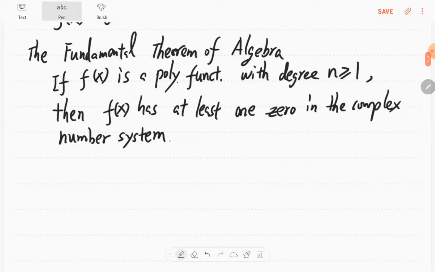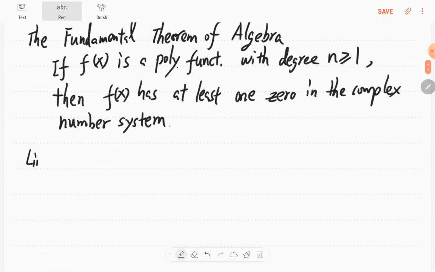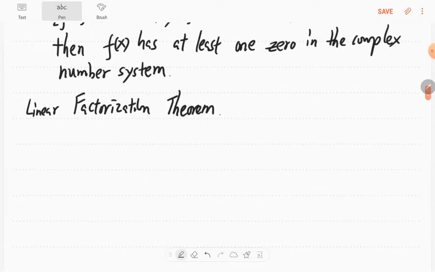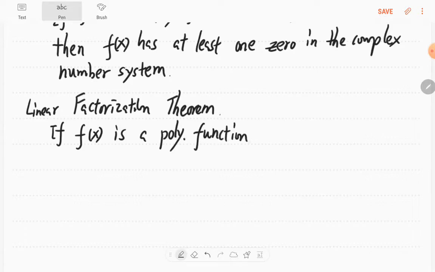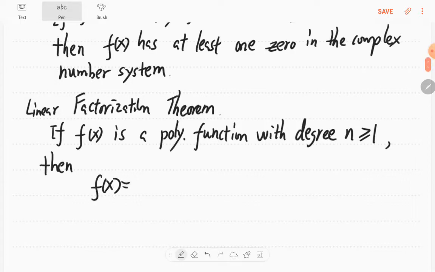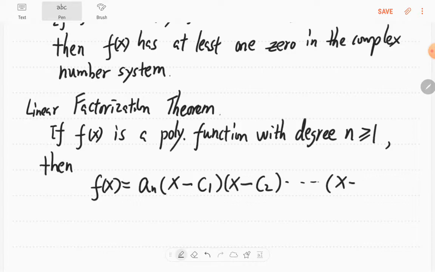And the next theorem, which is called the linear factorization theorem, is useful for our topic today. Suppose f is a polynomial function with degree n, which is greater than or equal to 1, then f of x can be written as a_n times x minus c1, x minus c2, up to x minus cn.